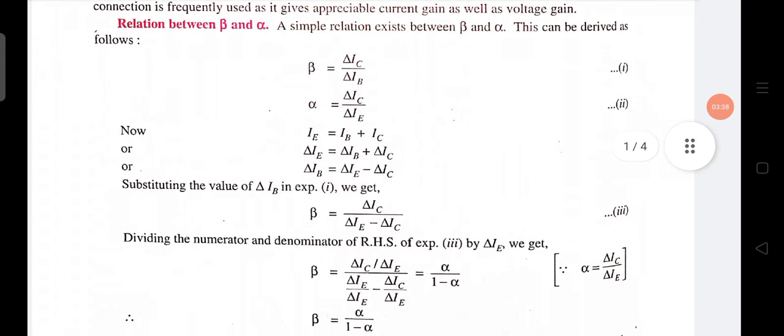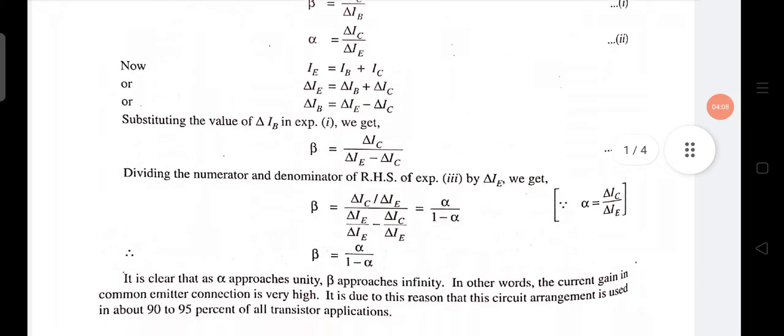Now in the upper side and the lower side we both divide by IE. So we get IC by IE over IE by IE minus IC by IE. IC by IE is alpha, and IE by IE equals 1.